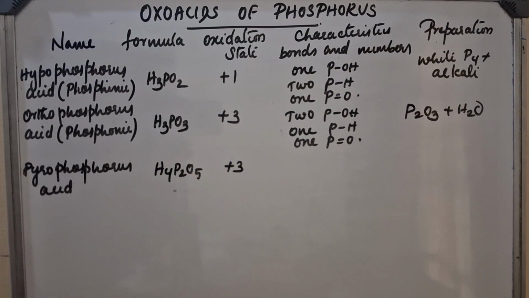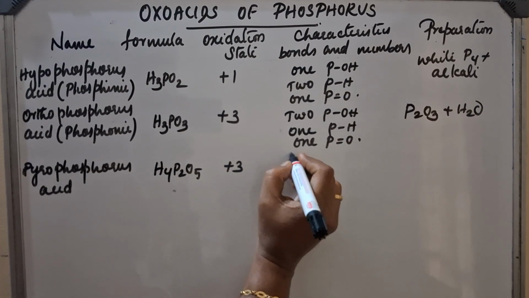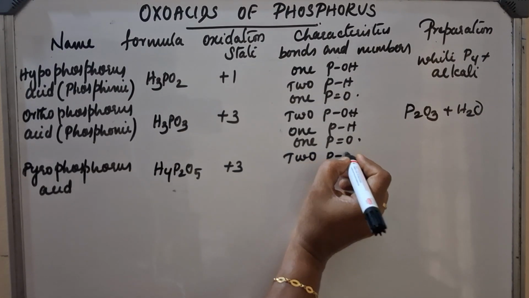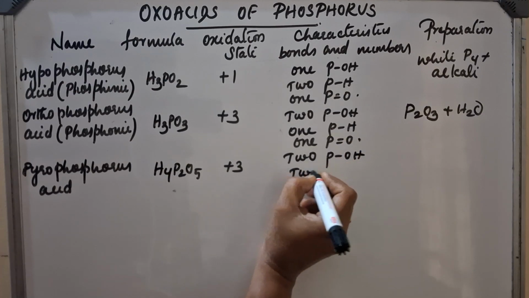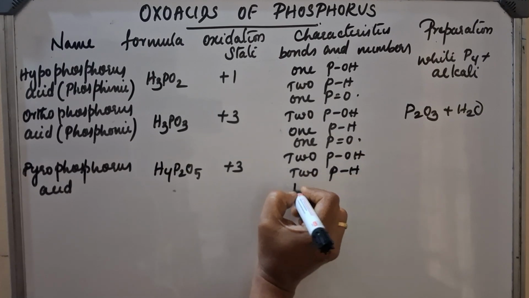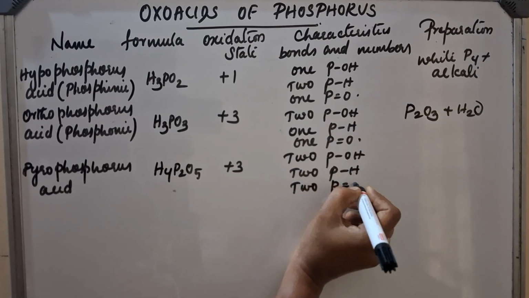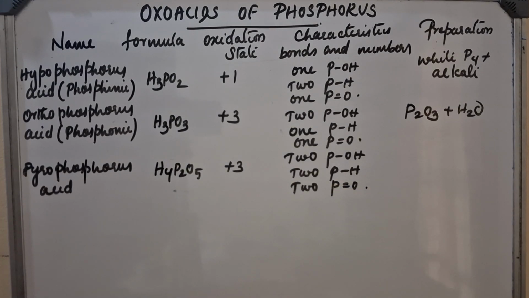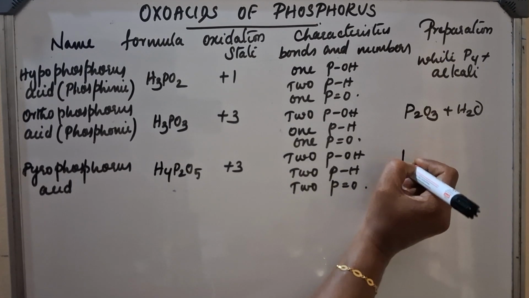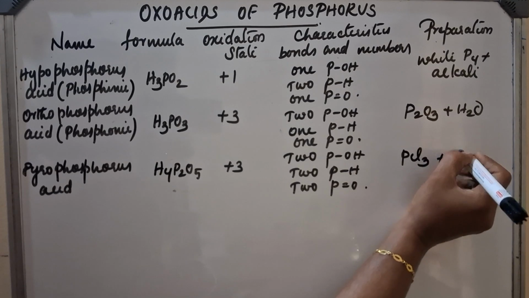It contains 2 P-OH, 2 P-H and 2 P=O. How can we prepare it? It can be prepared by the reaction between PCl3 and H3PO3.